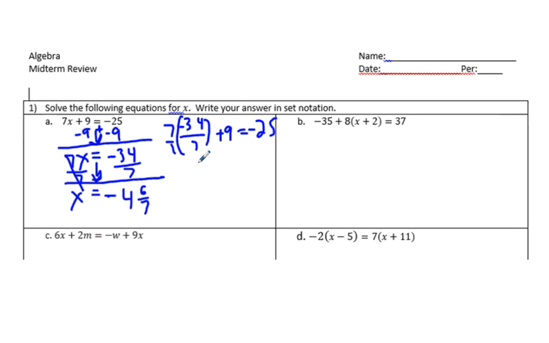So you would multiply first. These cancel. You're left with negative 34 plus 9 equals negative 25. And that is a true statement. So our answer in set notation would be all real numbers equal to negative 4 and 6 sevenths.